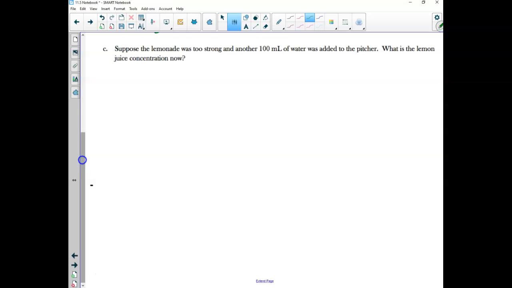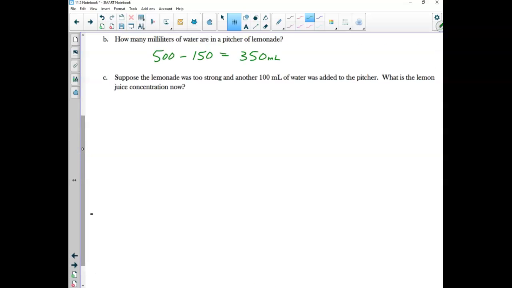Well, let's think about this a quick second. The concentration of the lemon juice, or your 30%, is going to equal your milliliters of lemon juice divided by the total milliliters of the product you have.